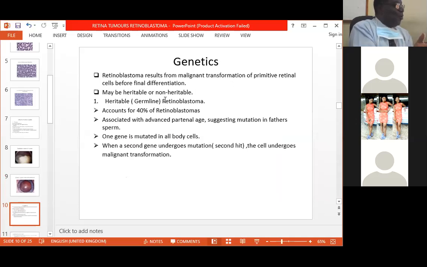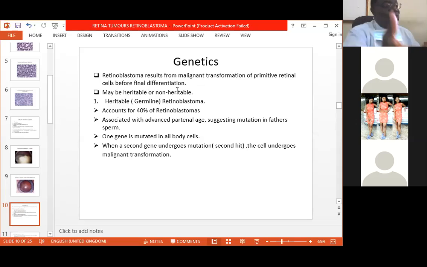Light has to go through up to the retinal cells to activate them. Then the impulses go from there into the brain. Then you start appreciating that, oh yeah, I can see or I cannot see. If the cells are dead, even if the light is shown there, you will not be able to see. So a retinoblastoma comes because of this malignant transformation of the primitive retinal cells before final differentiation.